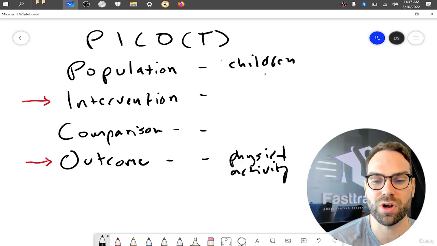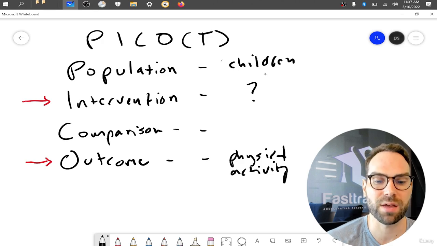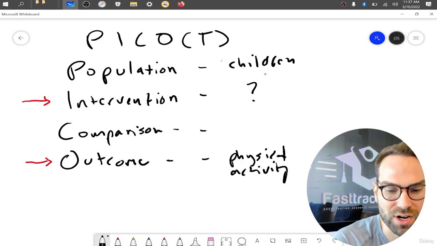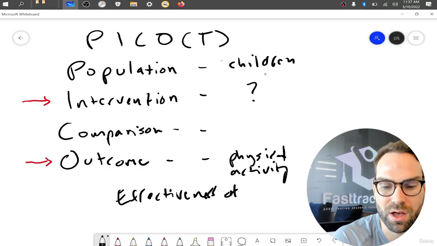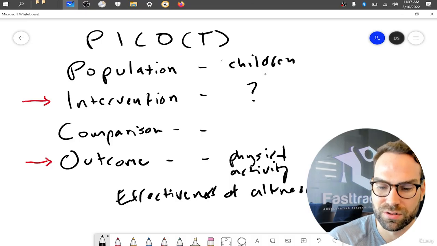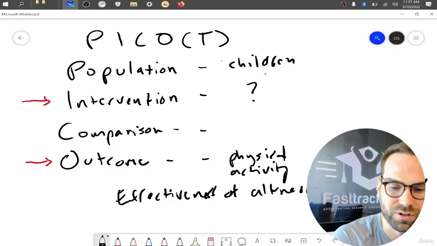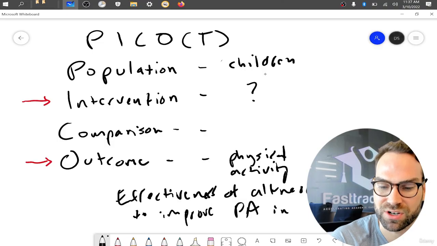And you actually don't know, you want to look for the interventions. That can be okay. So what you would end up having here, to make your PICO linking sentence, is the effectiveness of alternative interventions to improve physical activity in children.